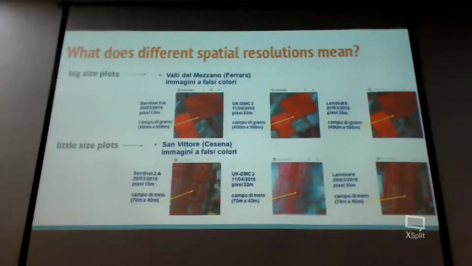While there are some cases where we have small plots, even 70 by 40 meters, really small, where the use of 10, 22 or 30 meters could give different results. So Landsat, maybe in some places, can't be sufficient, because for two adjacent plots, the use of 30 meters can be good for a specific field, but we can have the problem of mixed pixels.